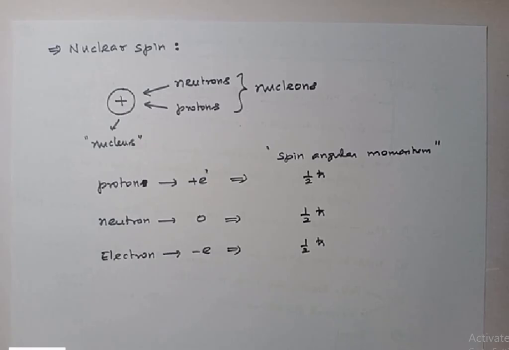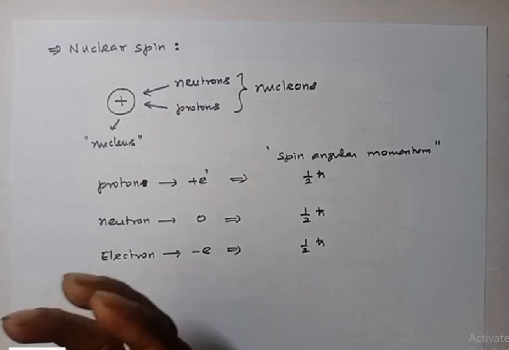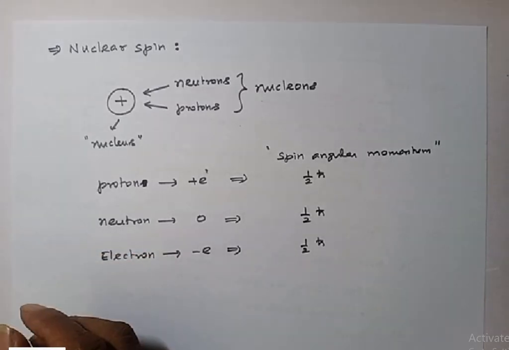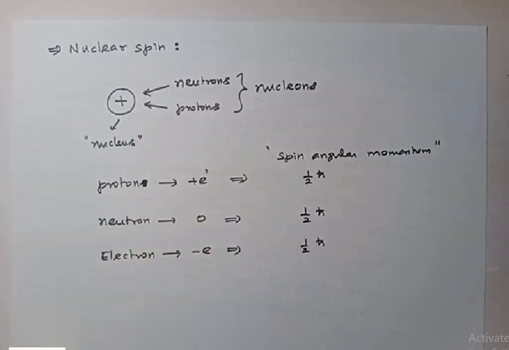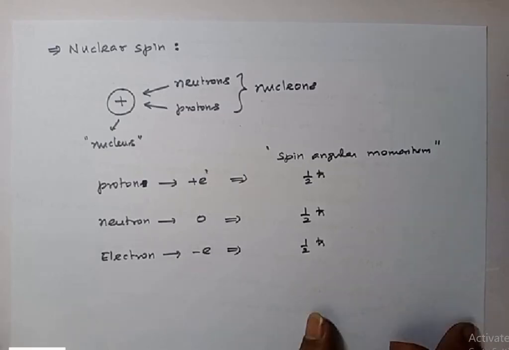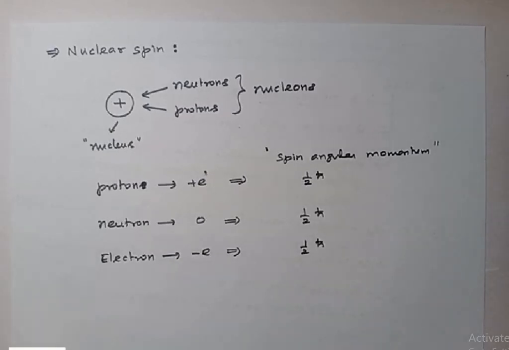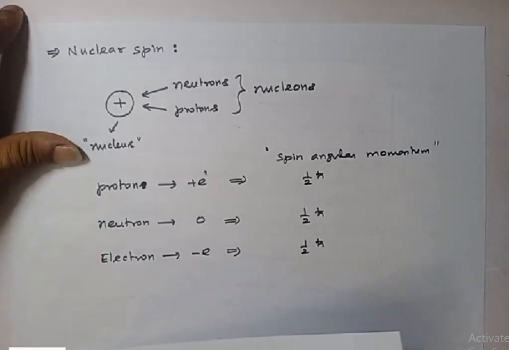Now, will the nucleus spin? Will the nucleus of an atom spin? Do all the nuclei of atoms have the property of spin? This is actually a very important question, because every atom has a nucleus, but do all the nuclei spin?